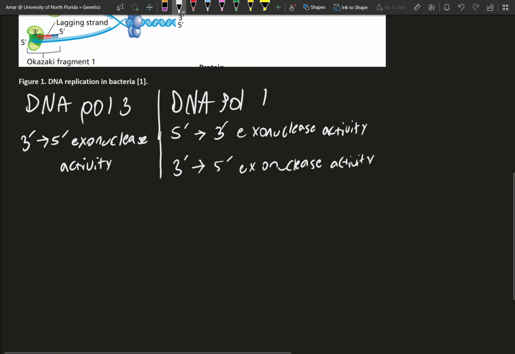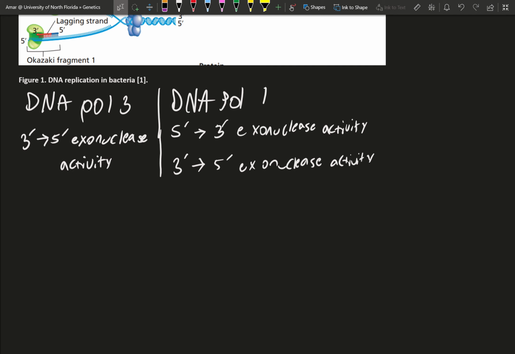So what is this 3' to 5' exonuclease activity? Let's say the red strand is basically the parental strand, and the white strand is a newly synthesized strand. So this would go 5' to 3', and then the bottom strand is obviously 3' to 5'.